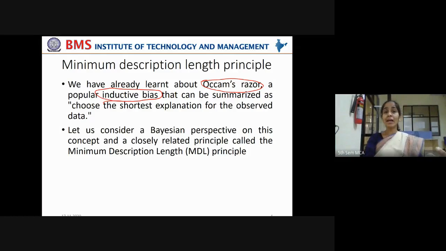Inductive bias means the assumptions we make, the bias we purposefully add to our experimentation. Say, when I'm taking the Indian literates count, in that case, I may bias my work to only South India.